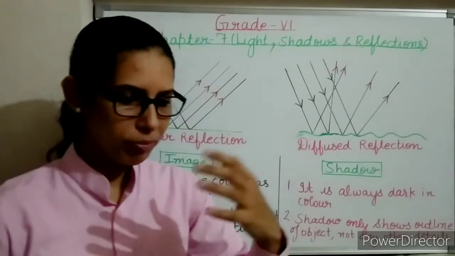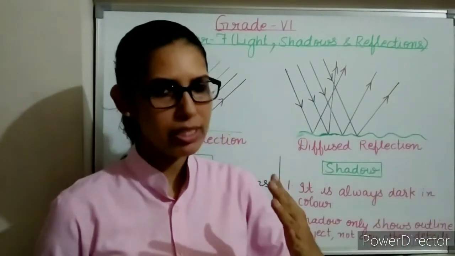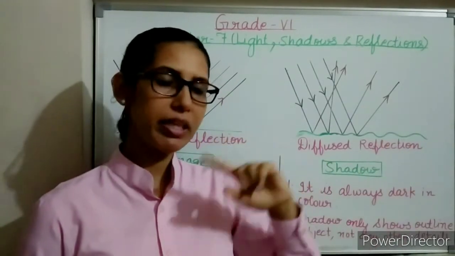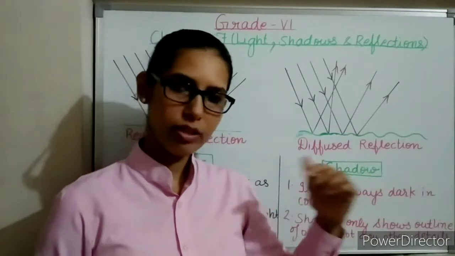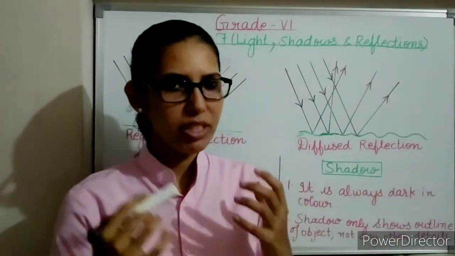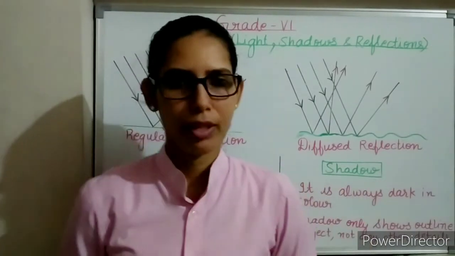And when the light rays from the object fall on the mirror, the mirror reflects those light rays. And when the reflected light rays reach the eyes of the observer, the observer can see the image of the object in the mirror. Observer means the person who is watching, who is observing.